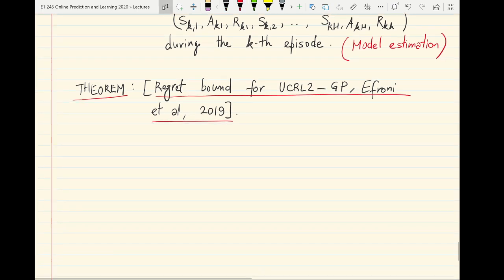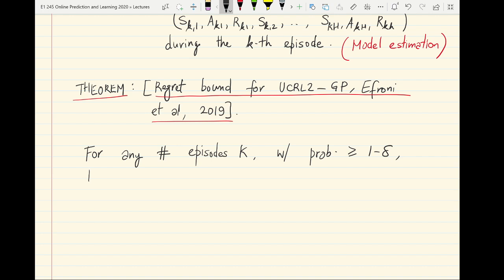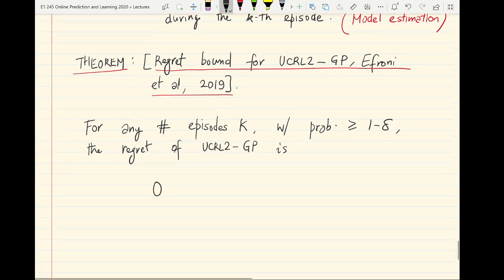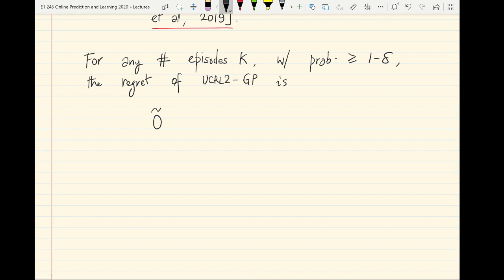This regret bound states that when the learner applies this algorithm for any number of episodes k, with probability at least 1 minus delta, the regret of UCRL2GP is order, so well this is O tilde up to log factors, HS square root A T.